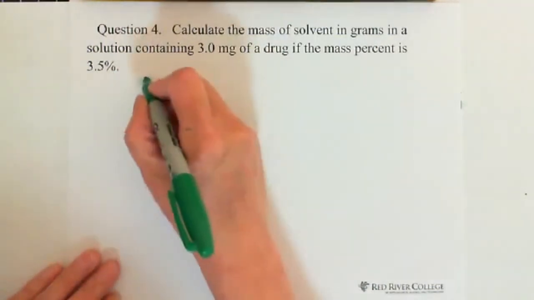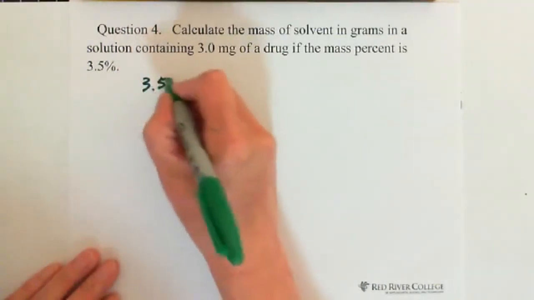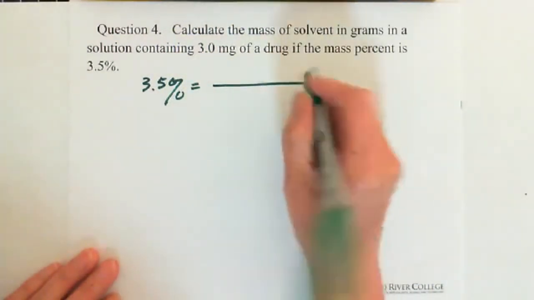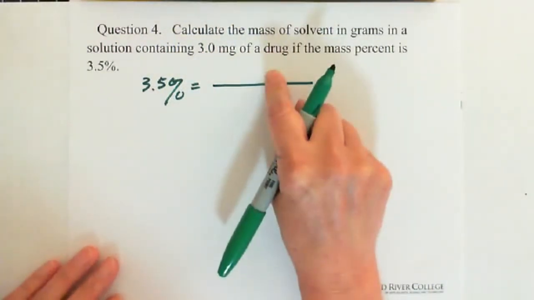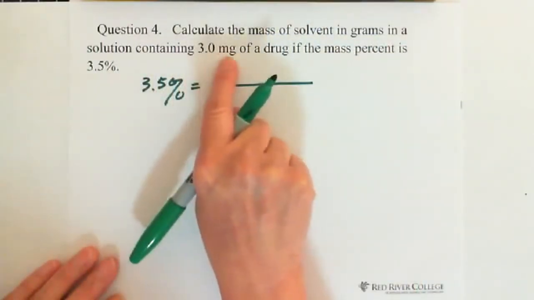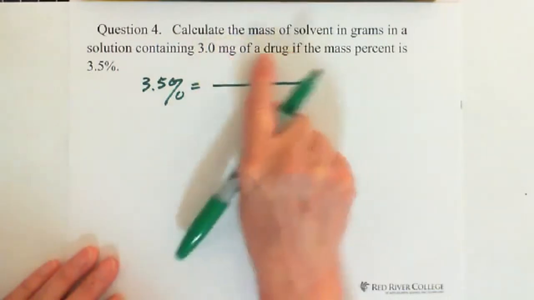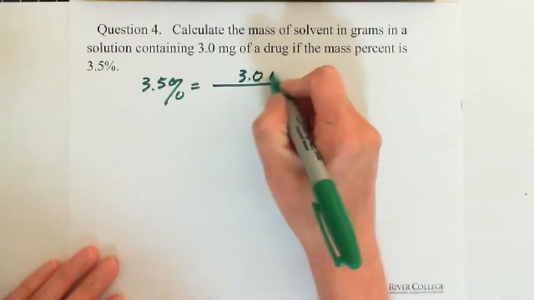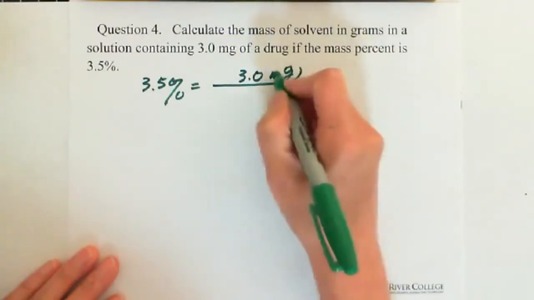So we start: 3.5% equals, top is mass of solute, because they say the solution contains 3.0 milligrams of drug. Obviously 3.0 milligrams is the mass of solute.